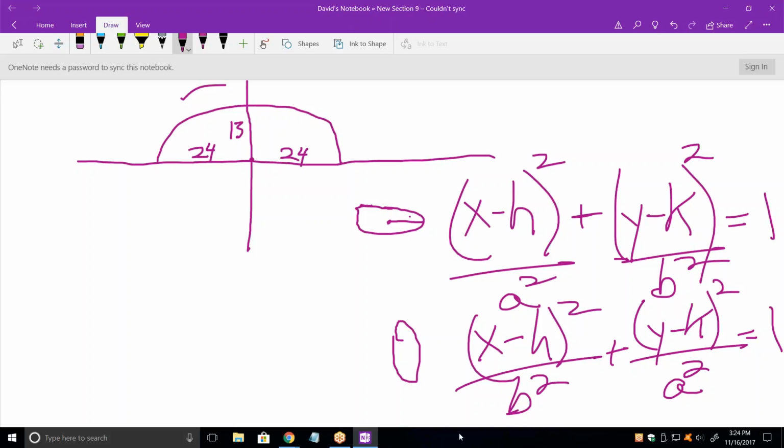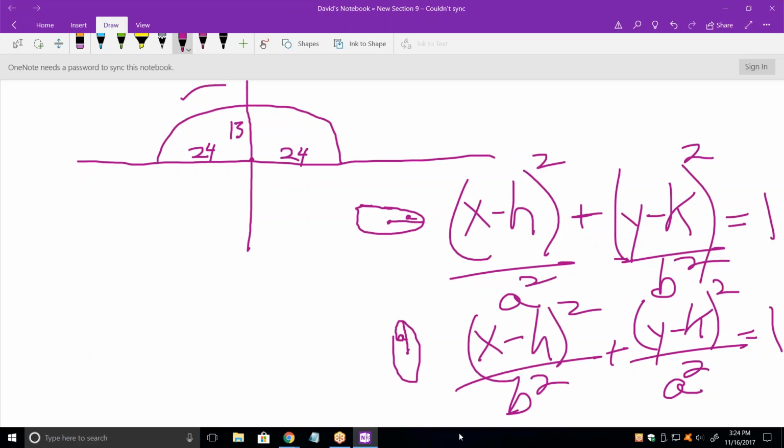That's always A. In the horizontal ellipse, A goes with x, right? It's on the x-axis. In a vertical ellipse, that distance is A, and that's on the y-axis. So the A squared goes under the y variable in a vertical ellipse. Follow me? Yeah, I gotcha.